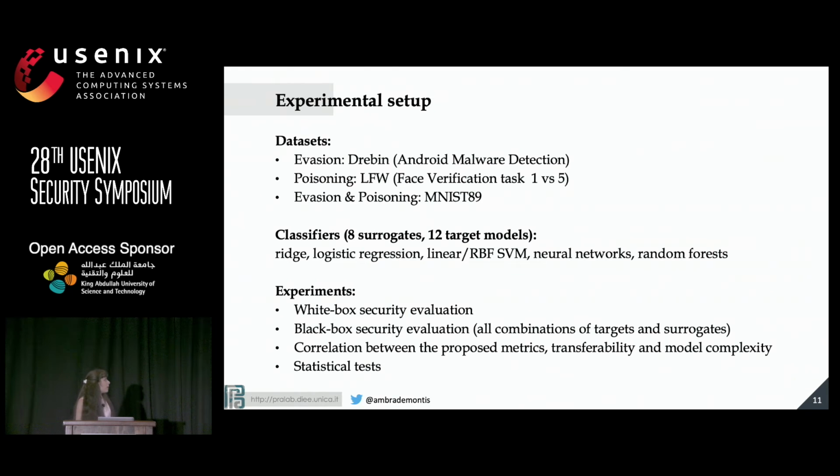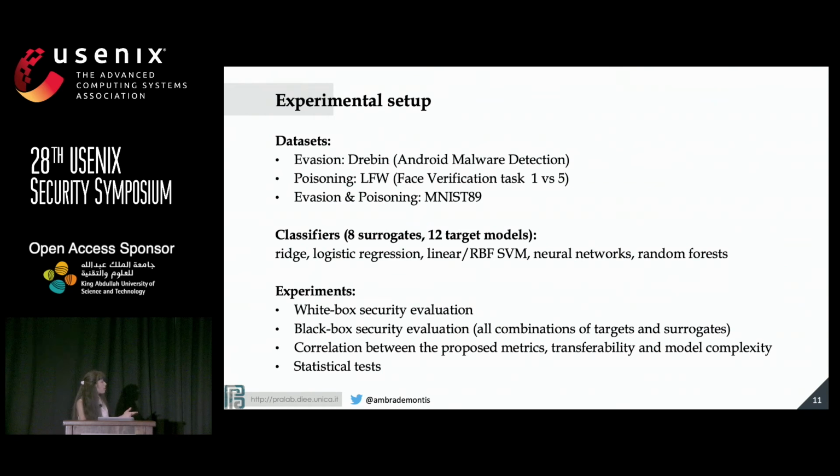We did experiments on different datasets: a toy dataset, which is MNIST, and we did the evasion experiment on an Android malware detection task, while we did the poisoning experiment on a face verification task. We considered a lot of different classifiers, like ridge, logistic, SVM, neural network, etc. For each classifier, we considered a high complexity version and a lower complexity version.